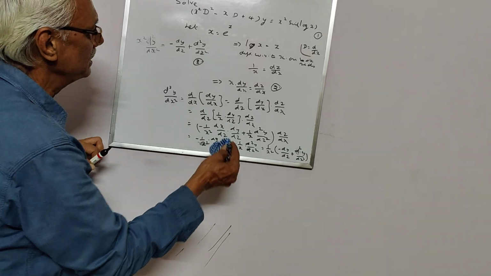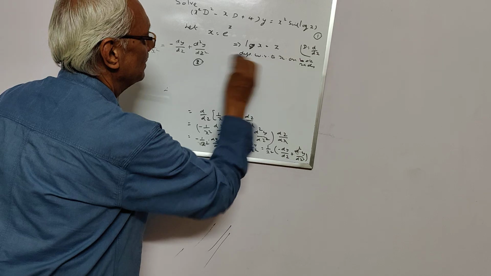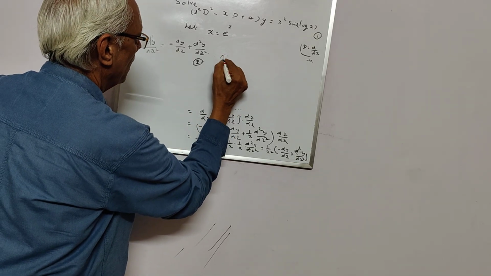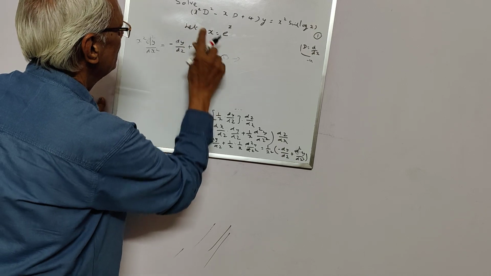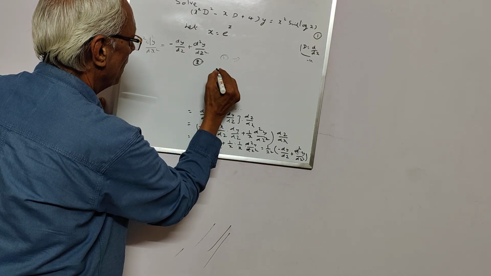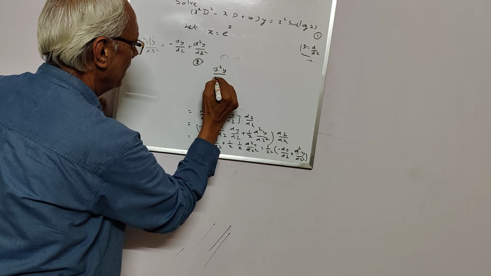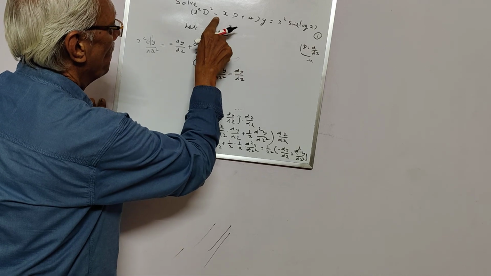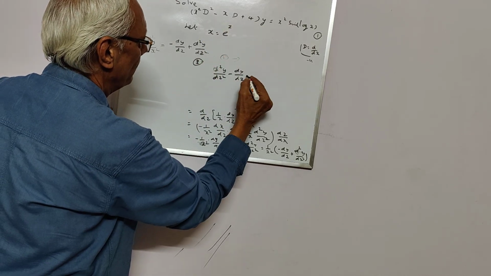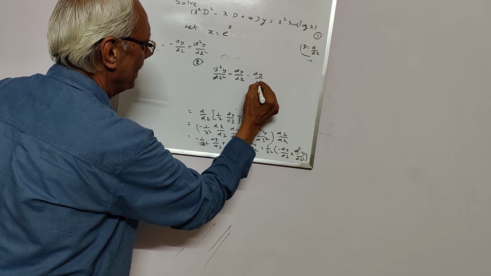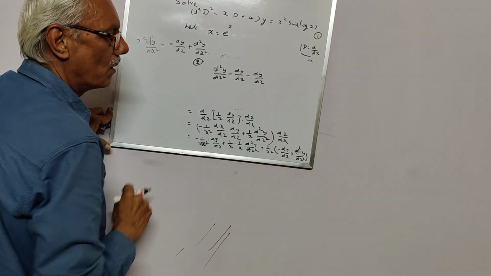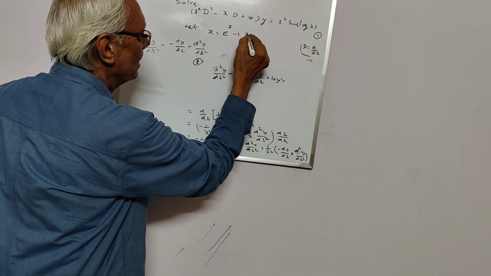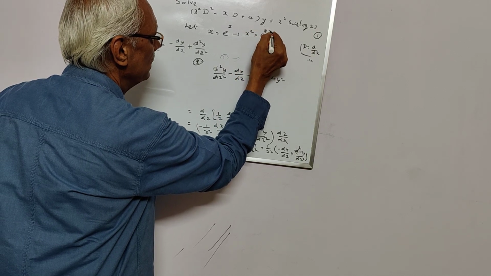Now I'll write, therefore 1 becomes, substituting the values: x squared into d squared y will be d squared y by dz squared minus dy by dz, and minus x dy will be minus dy by dz, plus 4y will be equal to, see, from this you can write x squared is equal to e to the power of 2z.